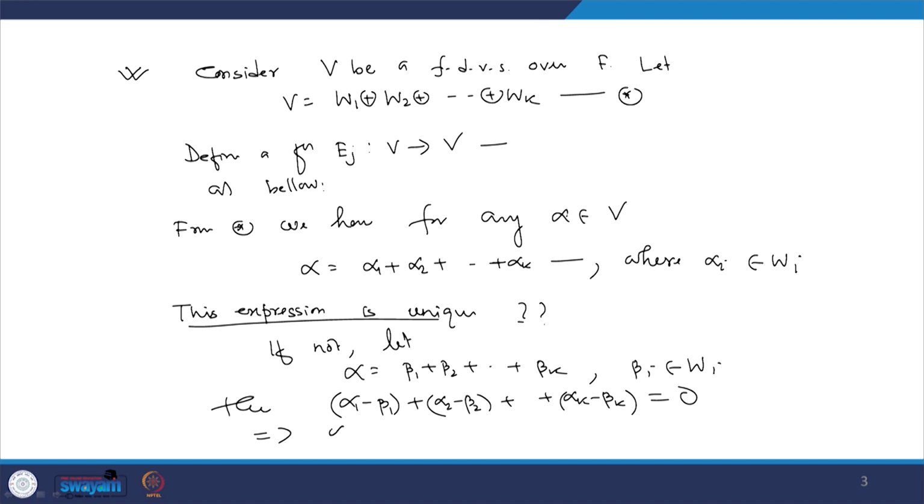This implies that alpha i minus beta i equals 0 for i equal to 1 to k, since V is the direct sum of subspaces W1 to Wk. So, this implies that for any element alpha belonging to V, I will have a unique representation like this.